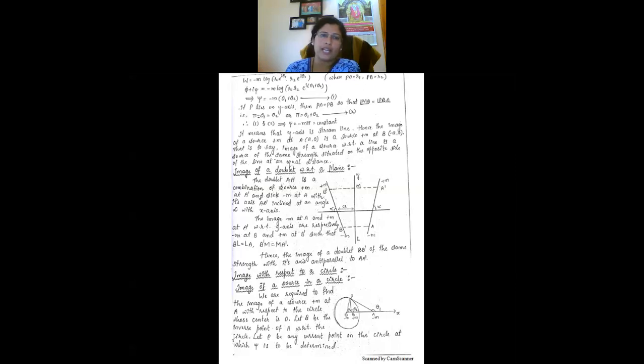That shows that y-axis is a streamline, and hence the image of a source m at a point is a source m at B point. Only change in the position: a comma 0 and minus a comma 0. That is to say that image of a source with respect to a line is a source of the same strength situated on the opposite side of the line at an equal distance.